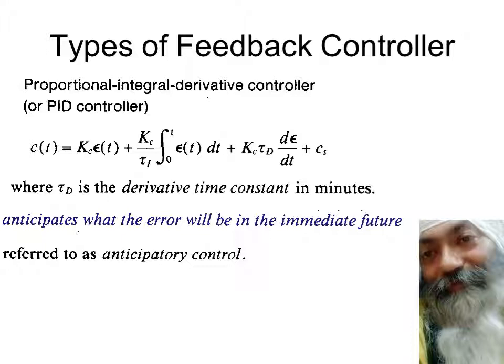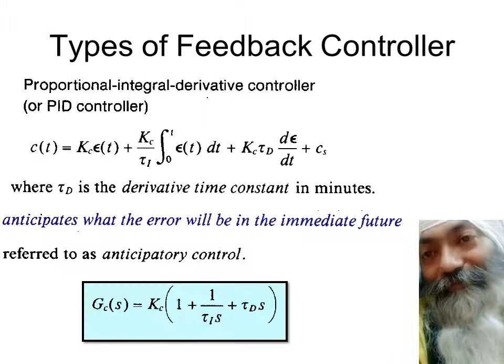I think now it's very simple. You want to play with some mathematics, you can do it very easily. How? Very simple. You take the Laplace. So this Kc will be as such, and Laplace of this will be 1 by s. Kc will be common. So you have 1 upon tau 1 upon s. And since it's a derivative term, when you take Laplace of a derivative term, you get this multiplied by s.